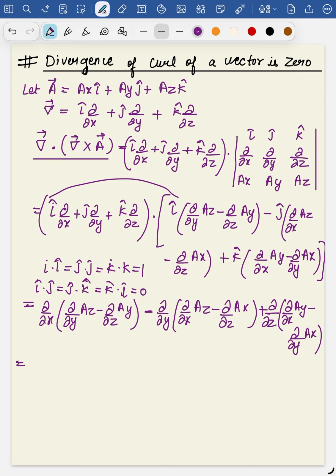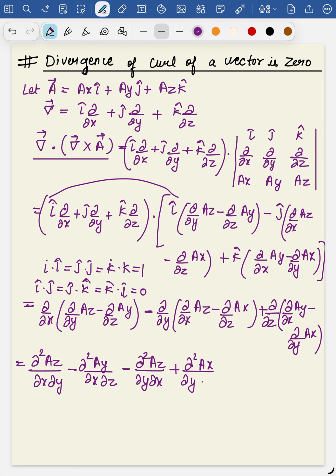Now multiply, we get del square Az by del x del y minus del square Ay by del x del z minus del square Az by del y del x plus del square Ax by del y del z plus del square Ay by del z del x minus del square Ax by del z del y.